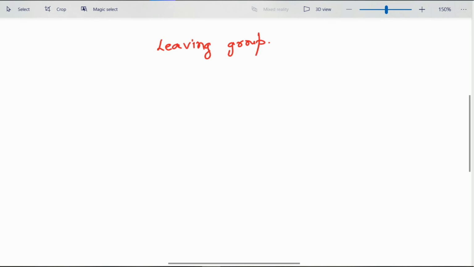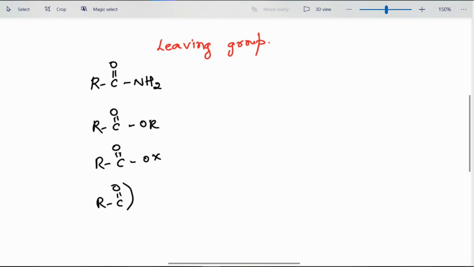Now, let us say for an example, we consider derivatives of carboxylic acid, such as RCONH2, RCOOR, acyl groups RCOOX, or anhydrides, RC double bond O twice O. If you consider this type of derivatives of carboxylic acid, these groups have respective leaving groups.